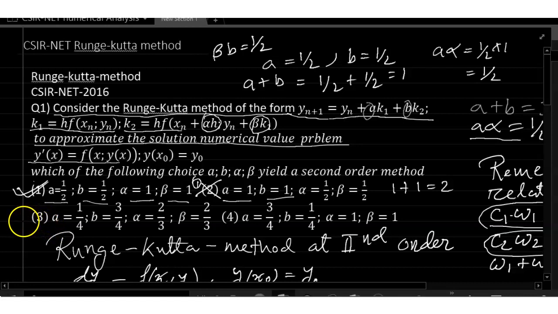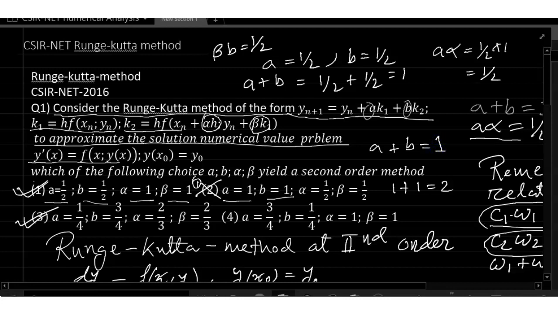Number 3 is correct. How? a plus b equals 1.